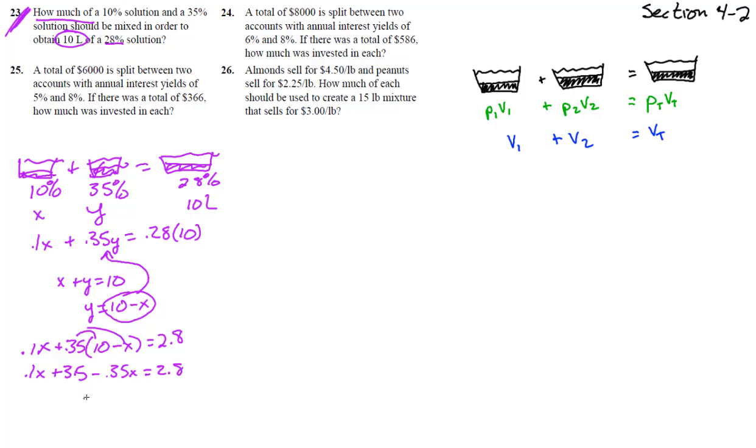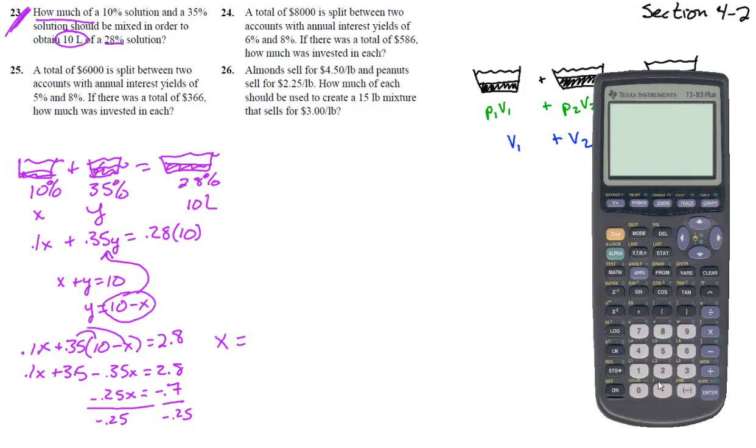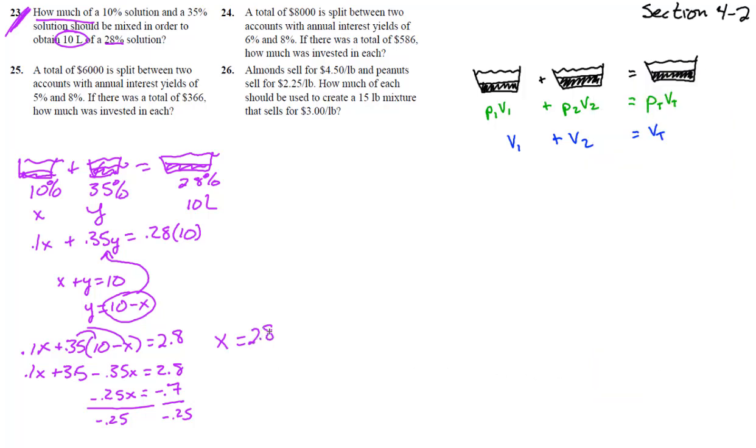Put these two together and we get a negative 0.25x, and subtract 3.5 from both sides and we get a negative 0.7. If we divide by negative 0.25, stick that in our calculators and we get x to equal, plug that in, I think we'll be up at about 2.8, but let's double check. 0.7 divided by 0.25, the negatives cancel and we're up at 2.8 gallons.